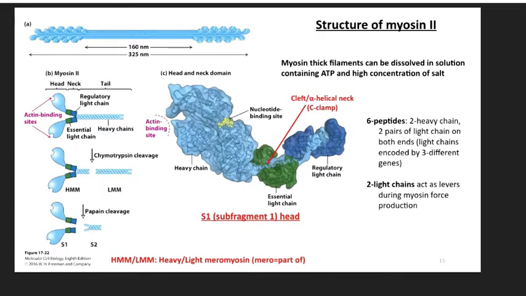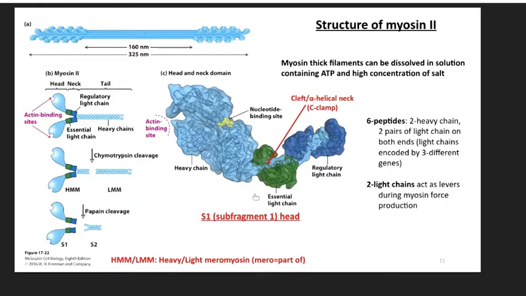Here there are two steps through which we can get the S1 head out of the whole myosin structure. This is the myosin 2 structure. First, digestion with chymotrypsin will give us HMM and LMM. The second digestion, with papain, will give us the S1 head and S2 head. The S1 head is important for studying the in vitro mechanism.